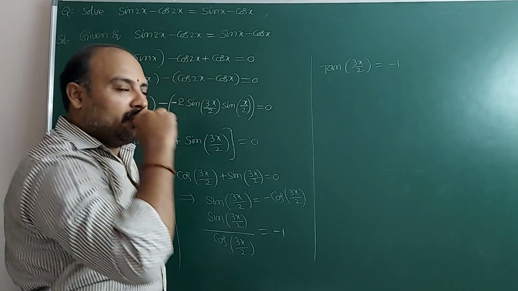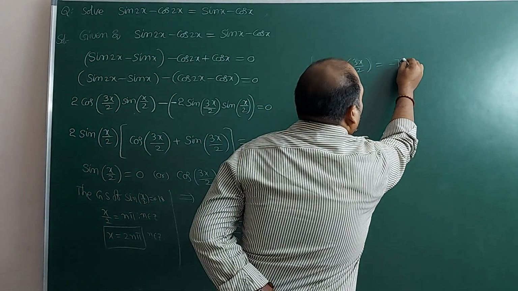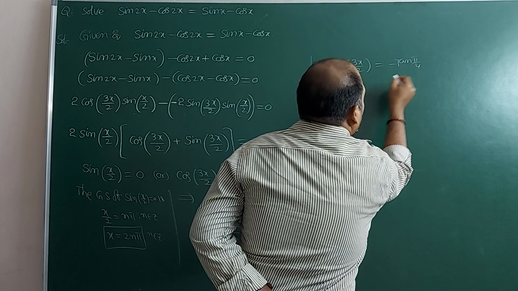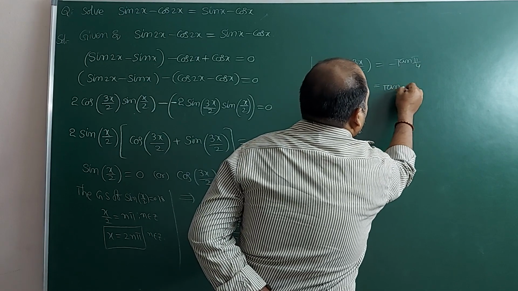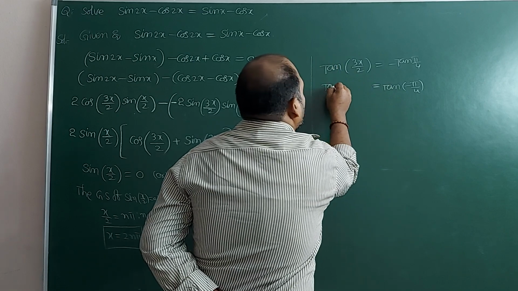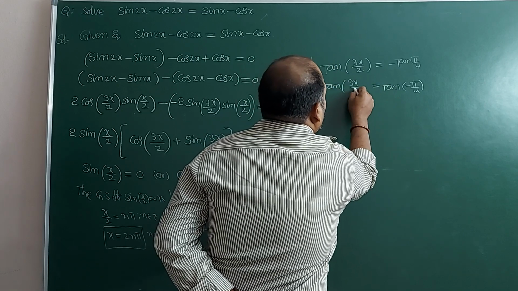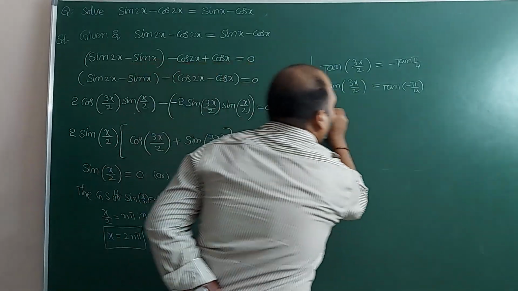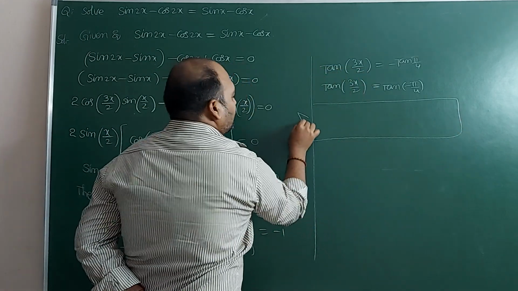Tan when it will be equal to 1; 1 can be written as tan pi by 4. Minus tan theta means tan of minus theta. So minus pi by 4. So tan 3x by 2 equal to tan of minus pi by 4. Again we have general solution.